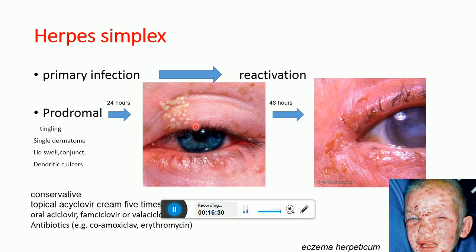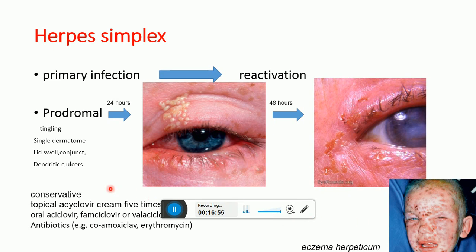There is commonly a mild papillary conjunctivitis, discharge and lid swelling. There may be a dendritic corneal ulcer. In atopic patients skin involvement can be extensive and very severe, as you can see in this picture.